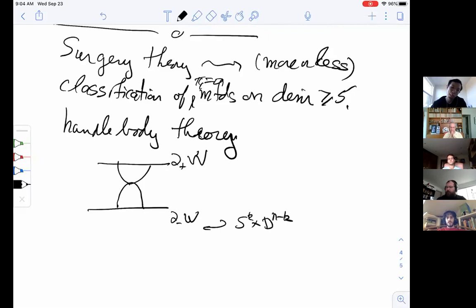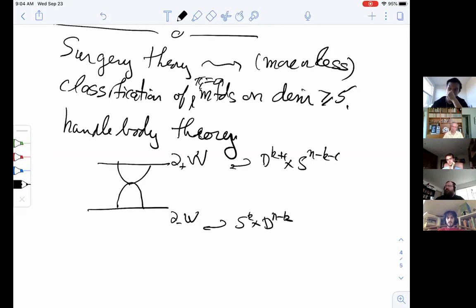You cut it out, and in its place you have a D^(K+1) cross S^(N-K-1). These manifolds have the same boundary, S^K cross S^(N-K-1).